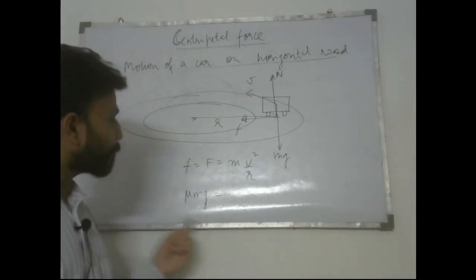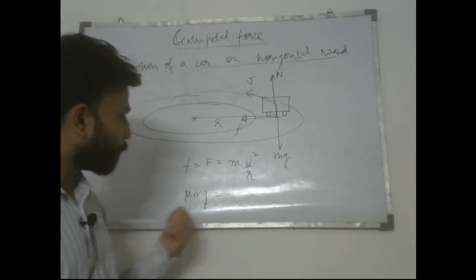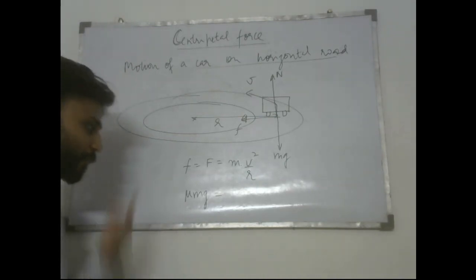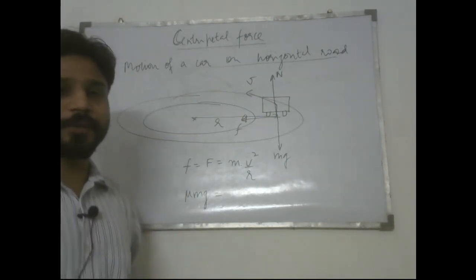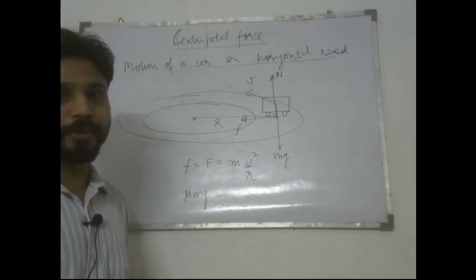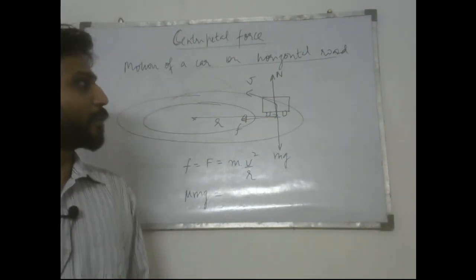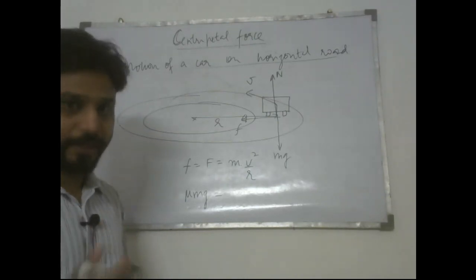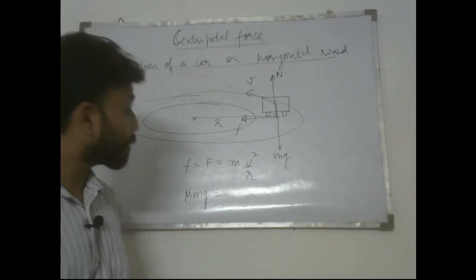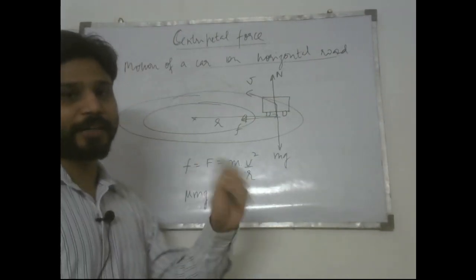That comes out to be the answer we are looking for: this is the value we can provide, mu mg. If the friction required is less than mu mg, very good, the car would be able to move in this horizontal circle without trouble. But what happens if the value exceeds? The car would slip, and this friction would turn from static to kinetic.